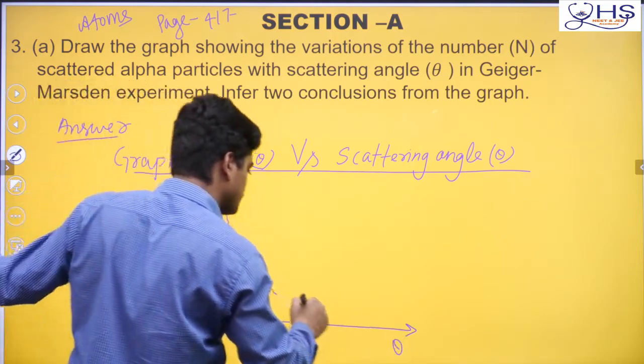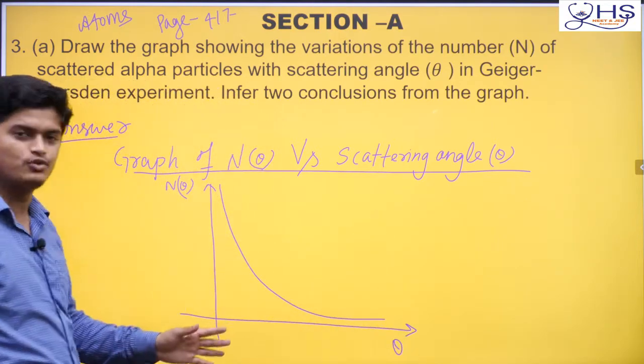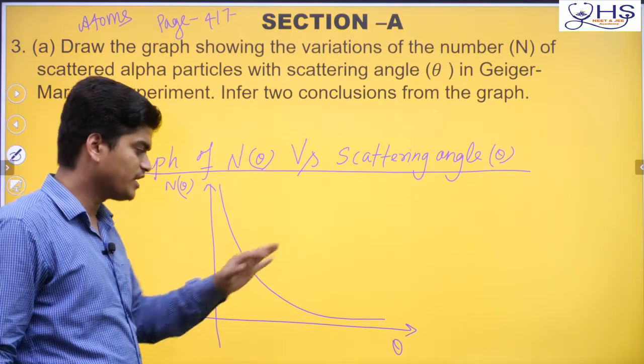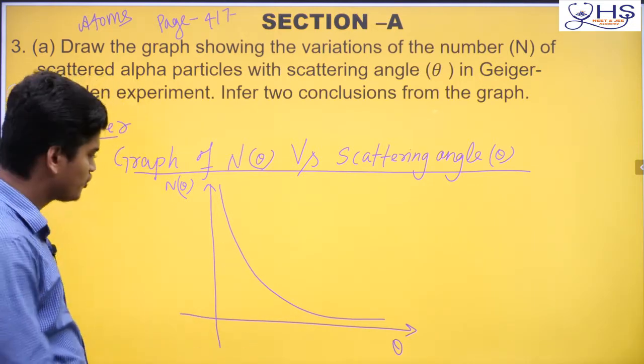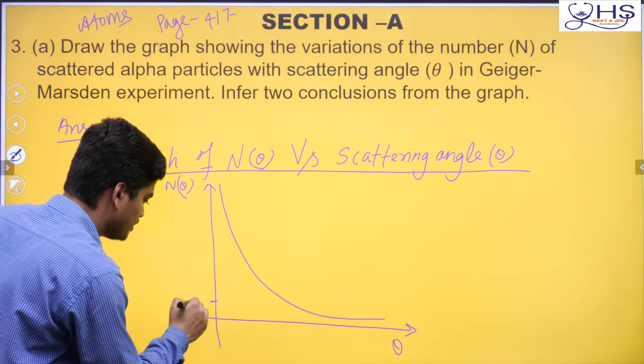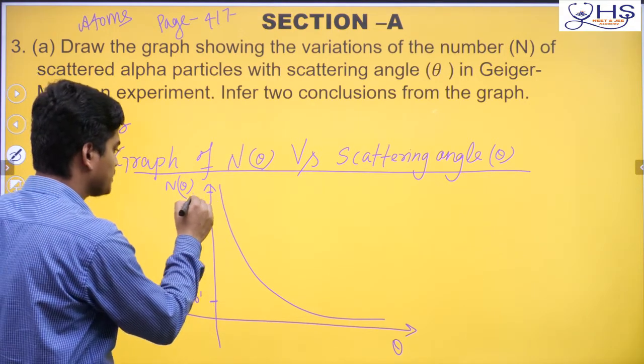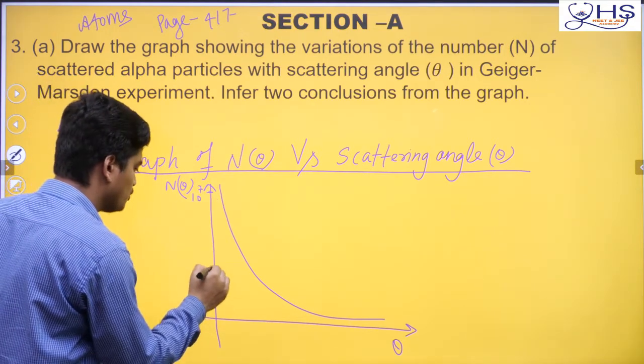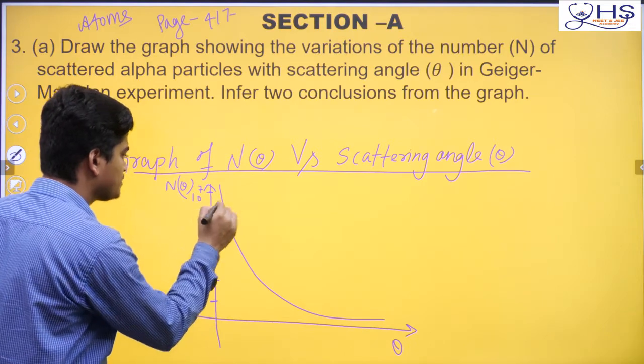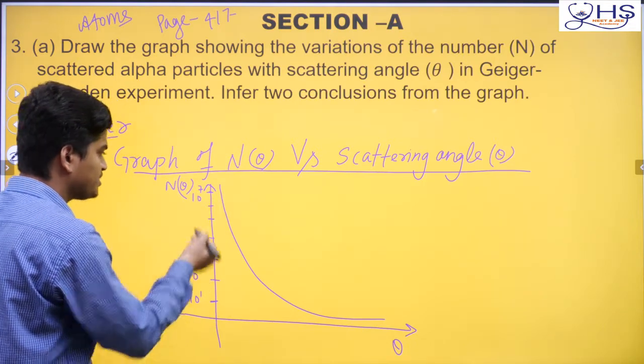This is the normal graph we do in class, but if the exam asks, do a little labeling also. Here it is 10 to the power 1, and the highest is 10 to the power 7, with 10 to the power 2, 3, 4, 5, 6 in between. These are the numbers of scattered particles.